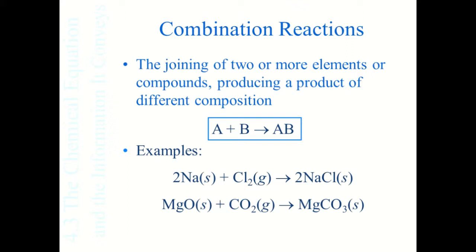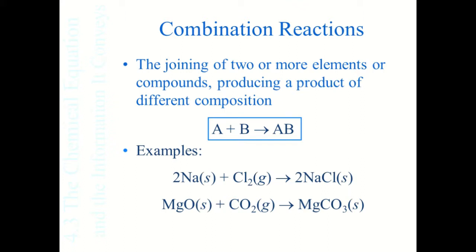So that's what happens with chemical reactions. Chemical reactions occur because you have something that is very reactive with something else that's reactive. You put them together, and now they're not reactive.